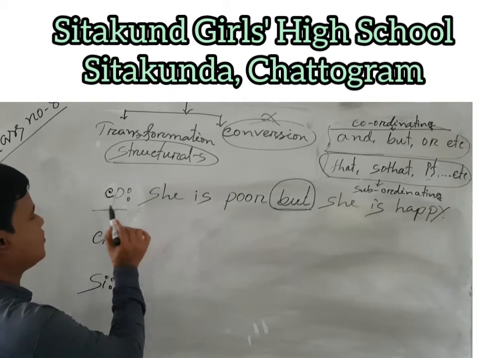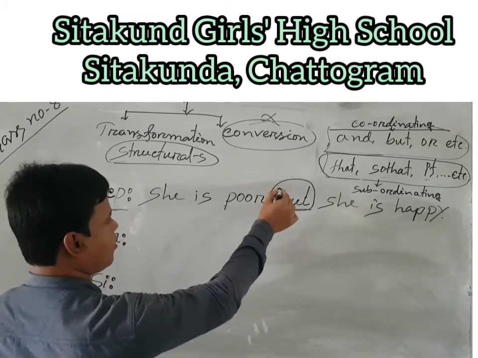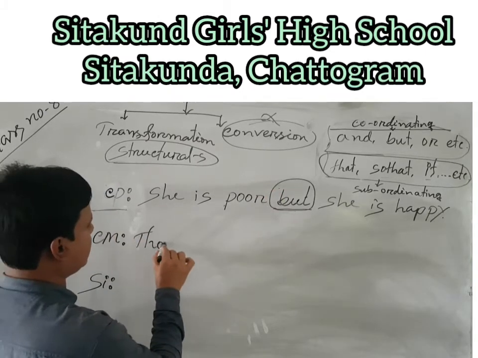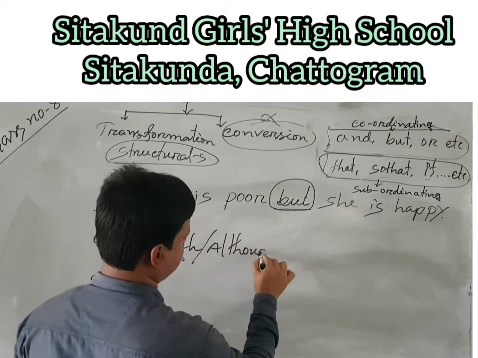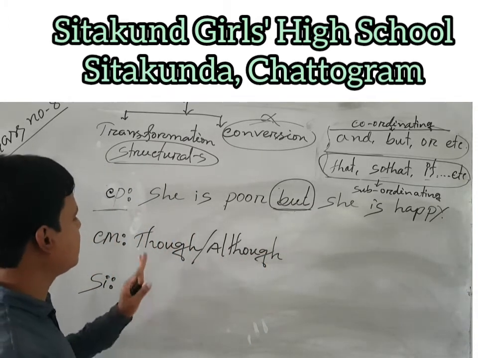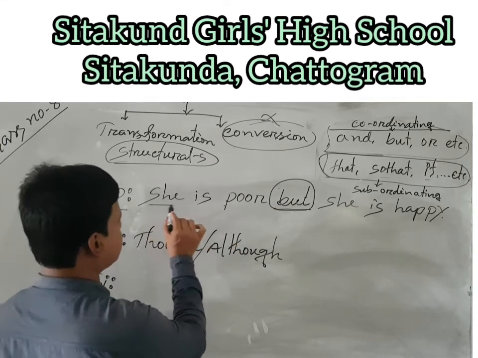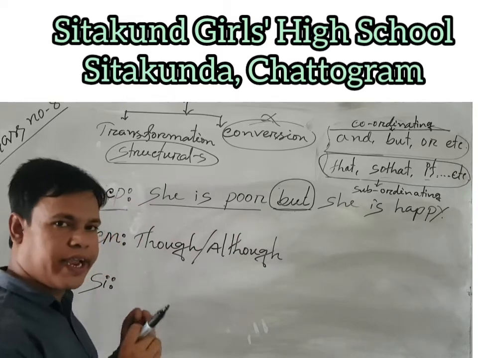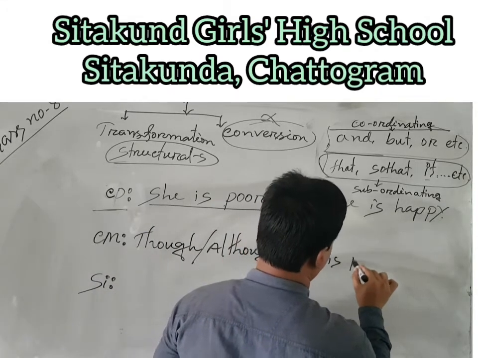If we want to make a complex sentence from the compound containing but, for but we have to use here though or although. Students, we have to use only one. You can use though or although. After that, this sentence without any change we have to use in the complex.